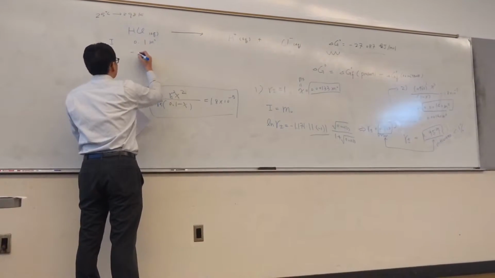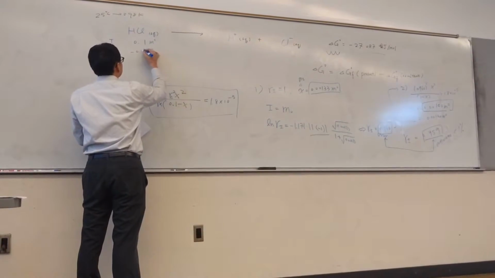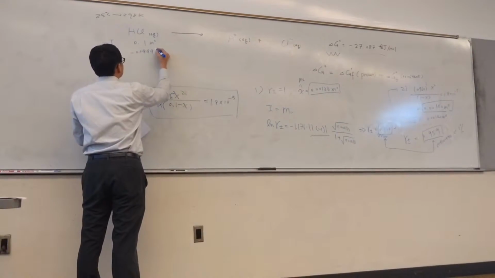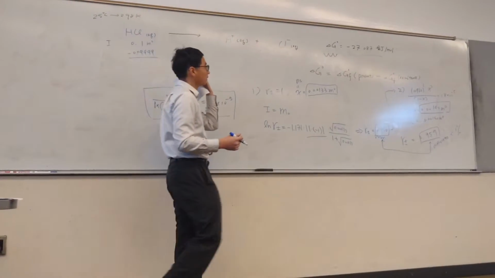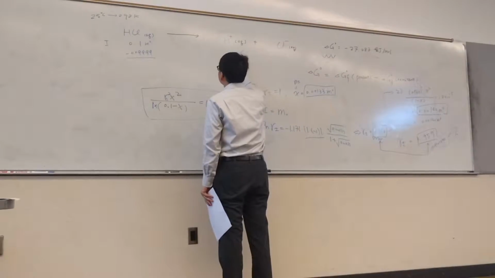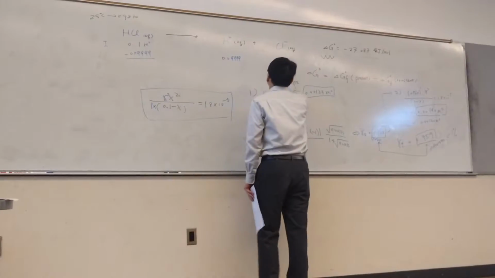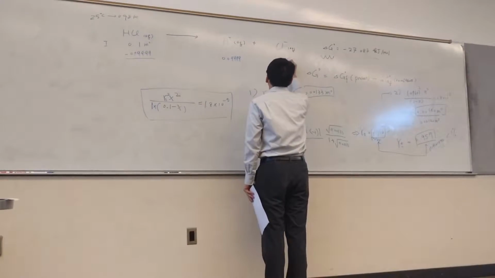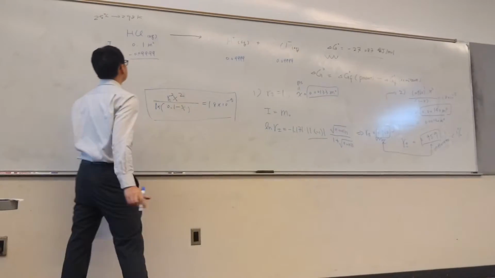Okay, so assuming you dissociate to this level, you're going to generate 0.09999 M H+ and 0.09999 M Cl-.